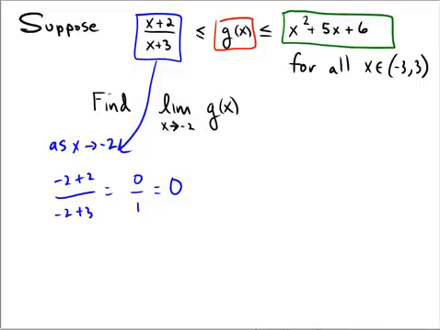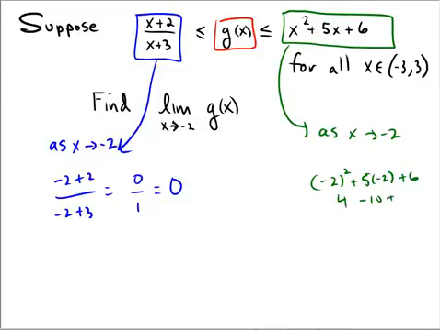Furthermore, on the right, x² + 5x + 6, as x approaches -2, what's going to happen over here? Well, you'd get (-2)² + 5 times -2 + 6, which is 4 minus 10 plus 6, which is actually also 0.